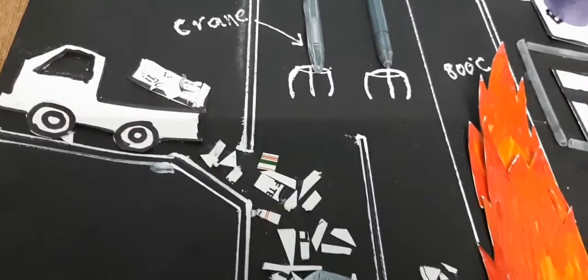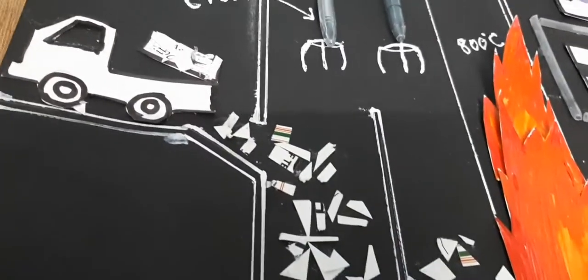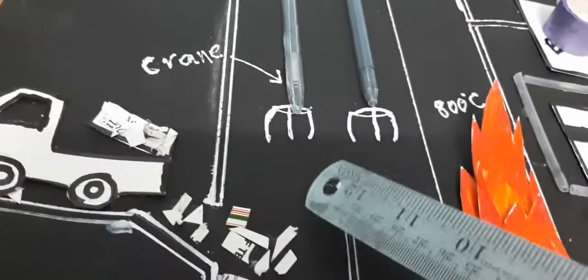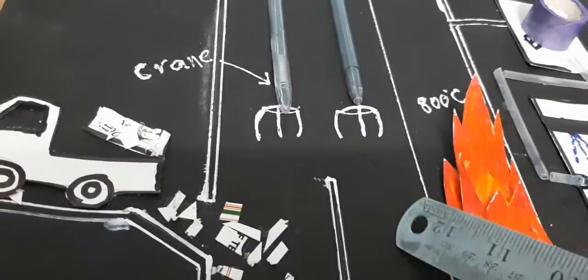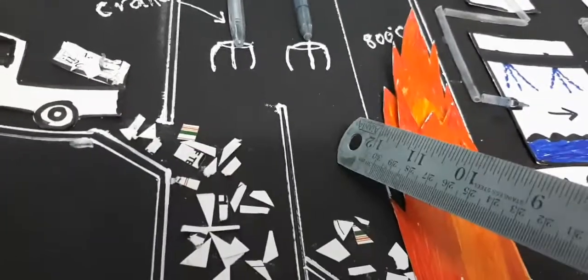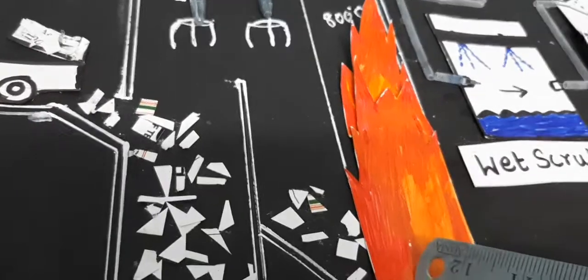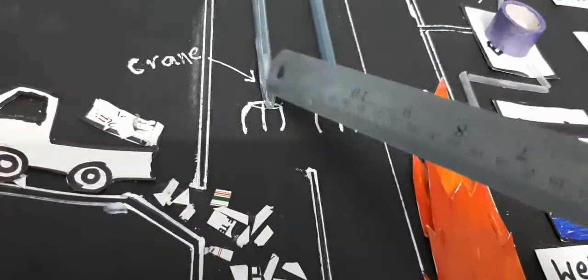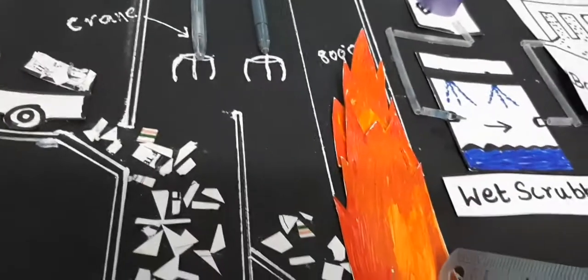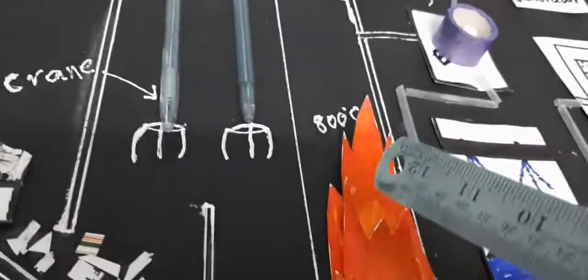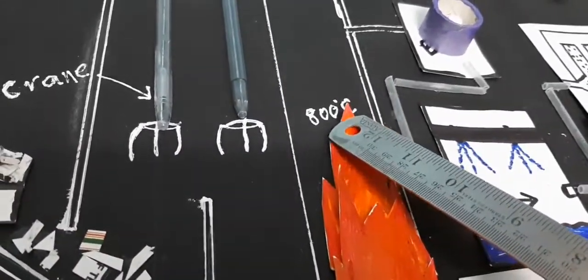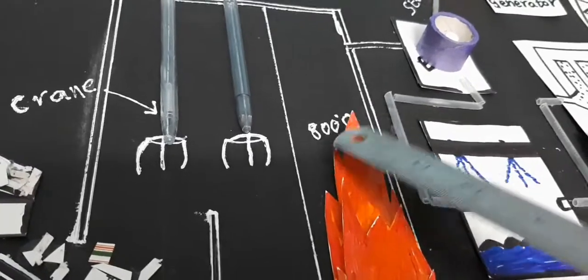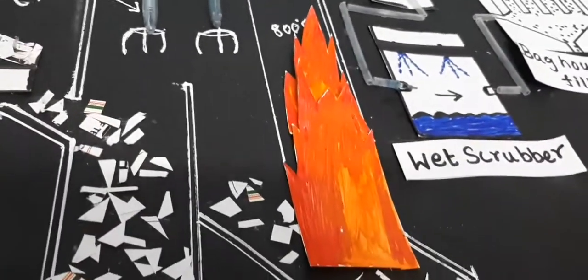The waste material that is stored is fed into the furnace burning chamber of the incinerator by means of a crane system. The temperature achieved during burning goes above 800 degrees Celsius.